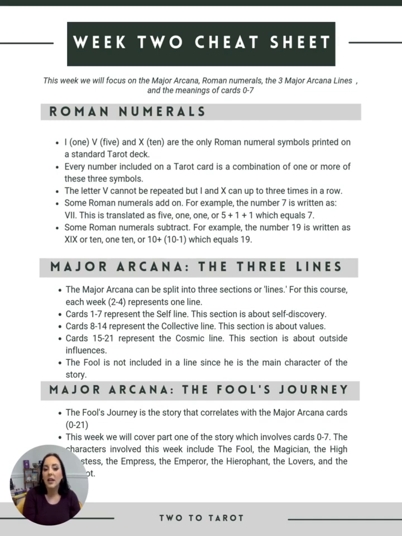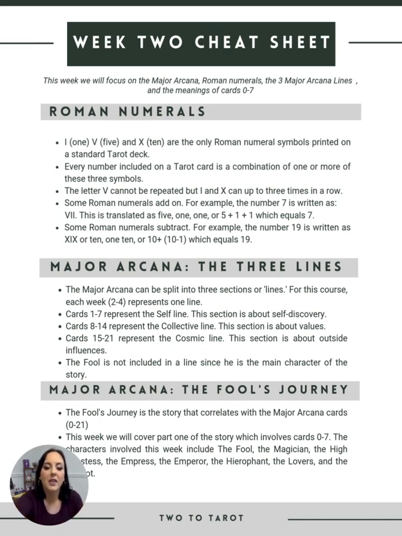The letter V cannot be repeated, but the I and the X can, up to 3 times in a row. Some Roman numerals add on. For example, the 7 is written as VII, which is translated as 5 plus 1 plus 1, which equals 7. If you wanted to make 8, then you would just add 1 more. I'll talk more about Roman numerals when we get to the actual lesson for this week.